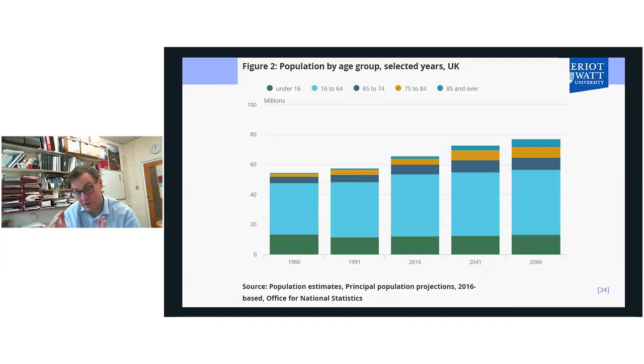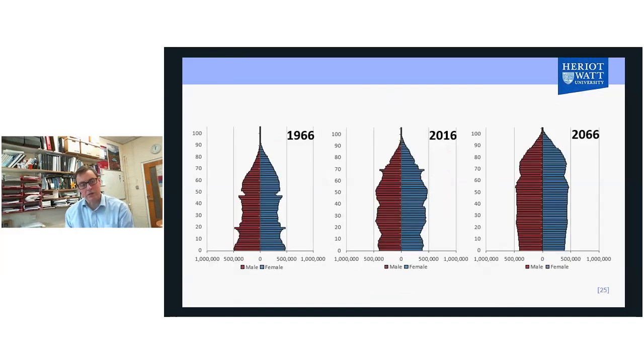These days you can work beyond 65 quite easily, but it's saying that that part of the population is not growing that significantly, but the part of the population beyond that is. And again, this is just a similar graph looked at a different way. So this is the so-called demographic time bomb that we all worry about.